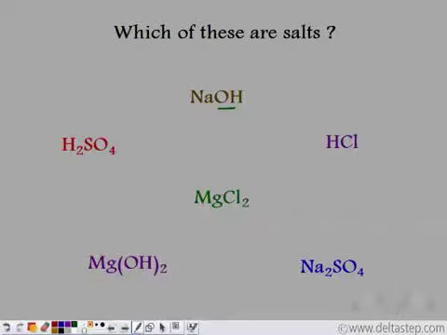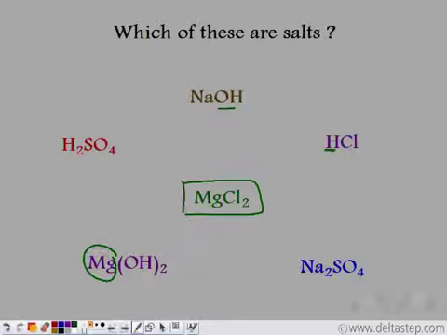How can we form MgCl2? So if we take HCl, this hydrogen atom of HCl is replaced by a metallic ion, which is Mg. So we get MgCl2. So whenever there is a replacement of the hydrogen atom of an acid by a metallic ion, we get a salt. So MgCl2 is a salt. What about Na2SO4? This does not produce H plus or OH minus ions.